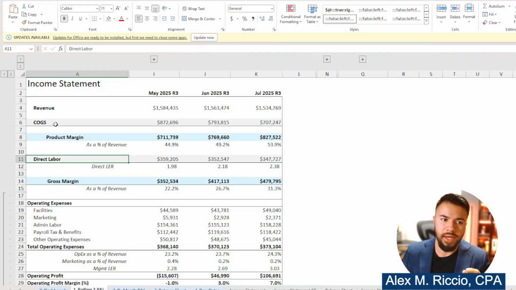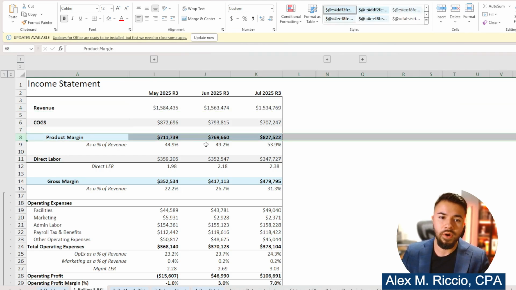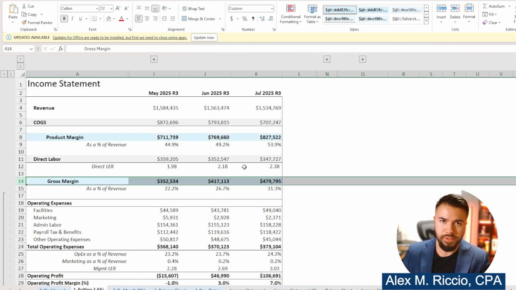And the reason we do that is because we can see two different types of margin from this. So if we take our revenue and we subtract the hard cost of goods sold, we get what's called a product margin. That tells me the margin on my revenue after the hard cost of goods, right? After subtracting direct labor from that product margin, I now get to my gross margin, which is essentially the engine of the business.